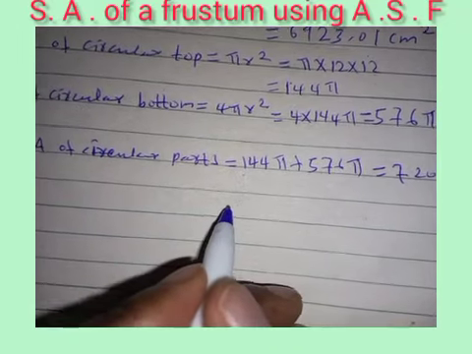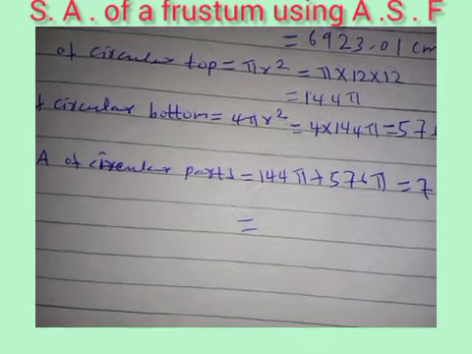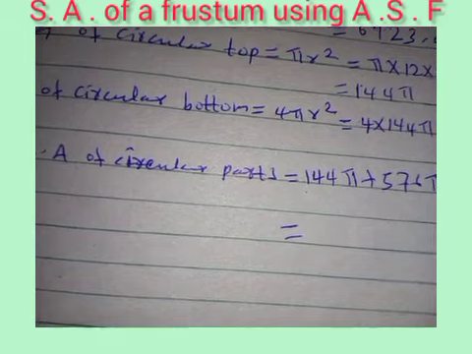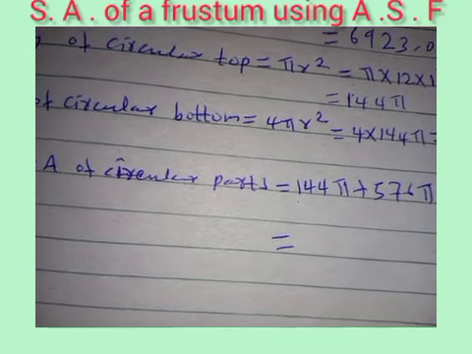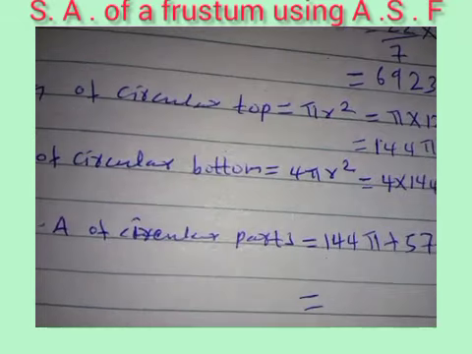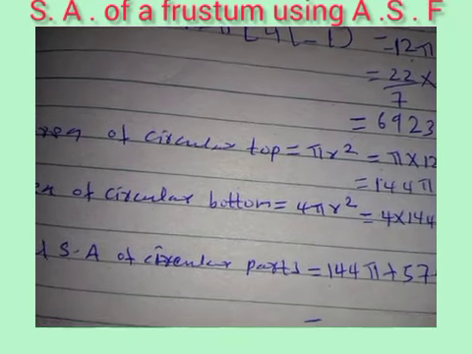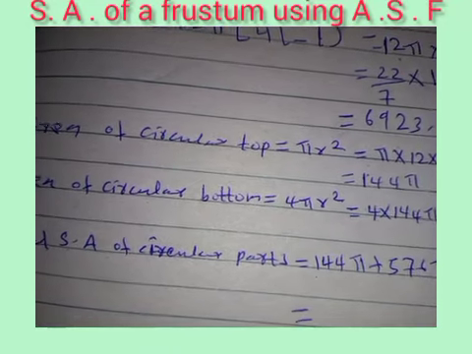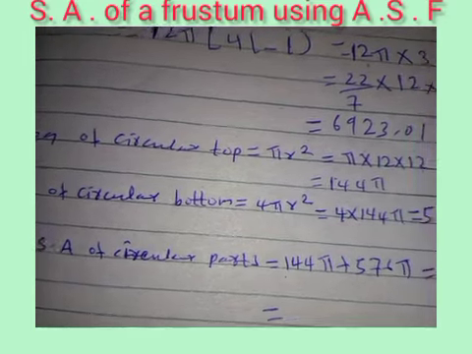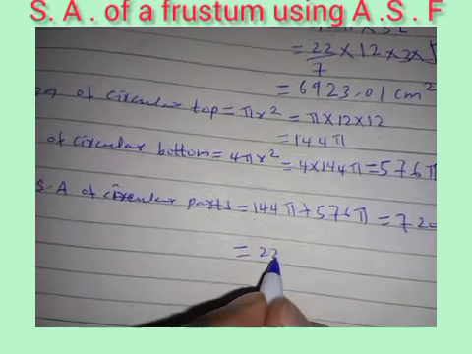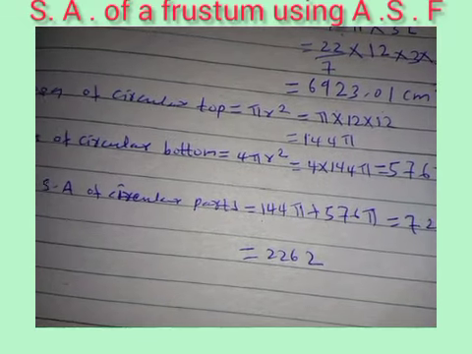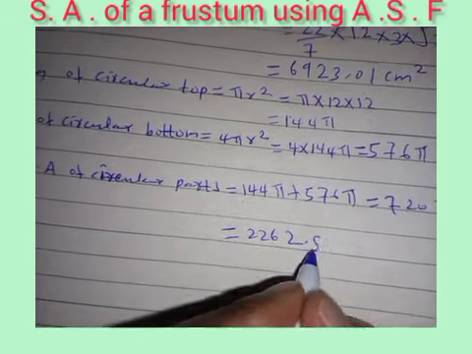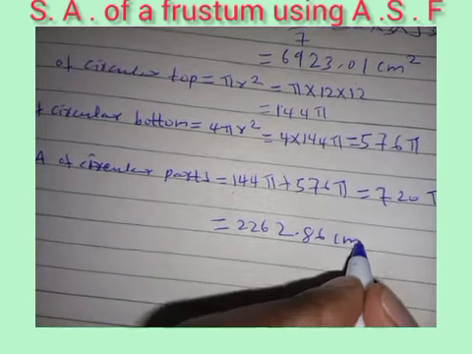Of course, when you multiply by pi, where pi is 22 over 7, it is going to give you 2262.86 square centimeter.